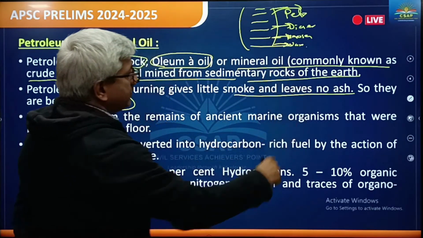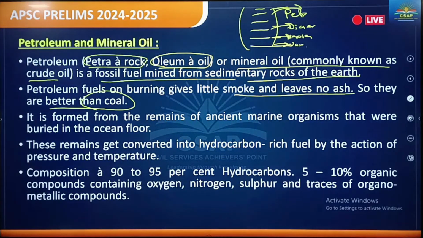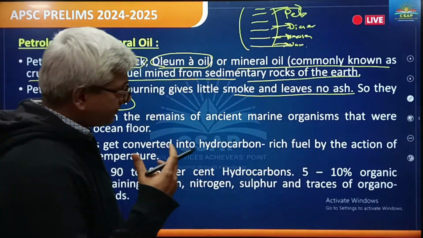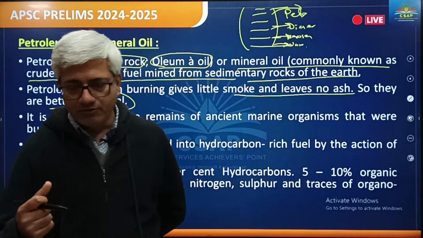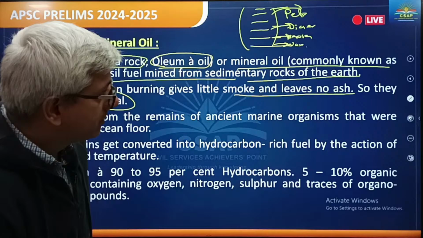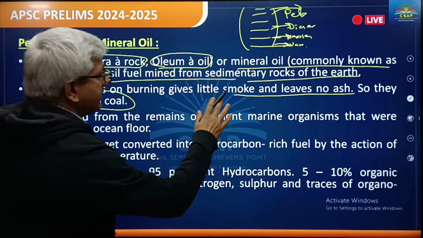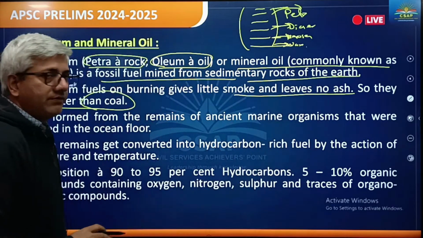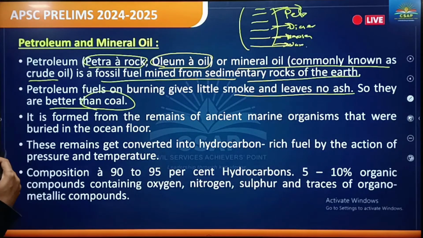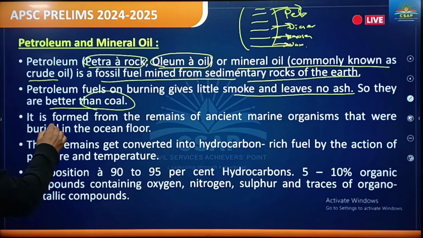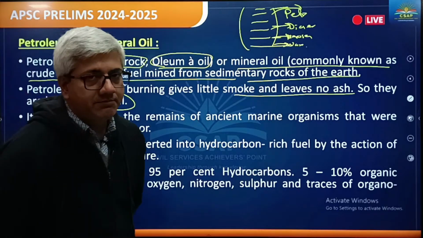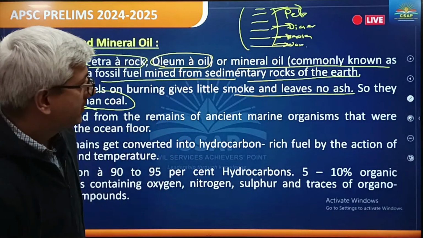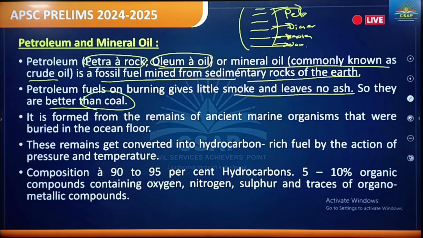So this oil, as a resource or as a fuel that we use, does not produce a lot of ash or a lot of smoke. And that again depends upon technology, how much we are going to burn the fuel, or in what circumstances, in what manner.